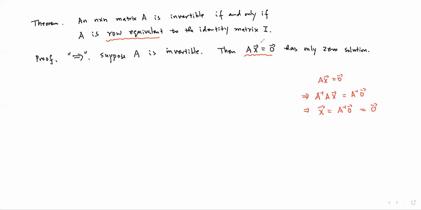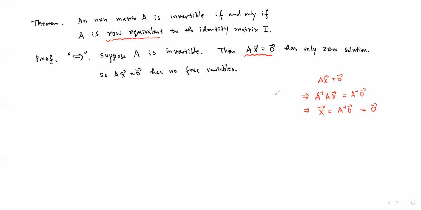That means that all the unknowns are basic unknowns, no free unknowns. So the linear system has no free variables. If a homogeneous linear system has a free variable, then it has infinitely many solutions.